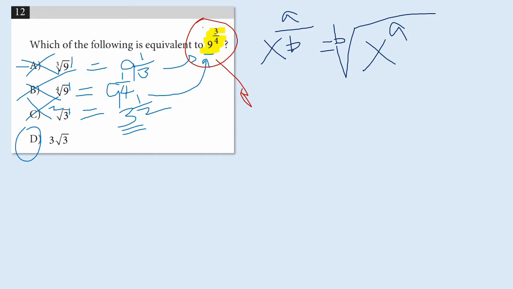And one strong piece of advice I have for you for the SAT math test is to quickly recognize your perfect squares. So 1 times 1 is 1, 2 times 2 is 4, 3 times 3 is 9, and so forth. So when you see 9, you should automatically think, okay, this may be a contrived problem. 9 is 3 squared. So I have 3 squared to the 3/4 power.